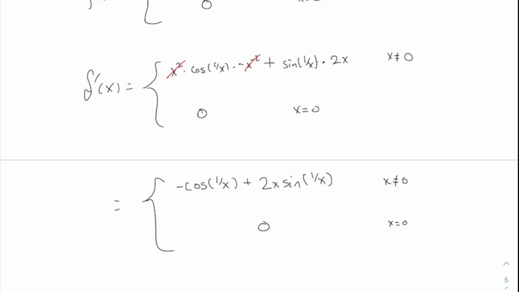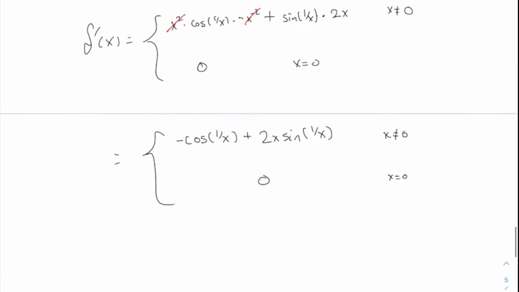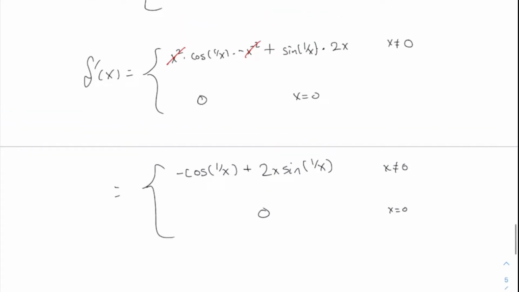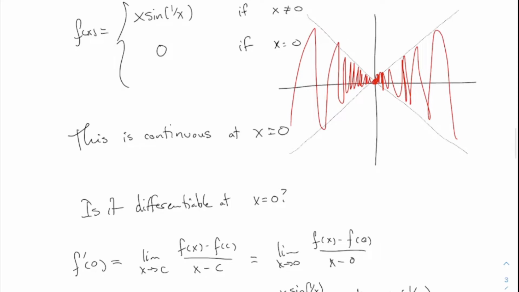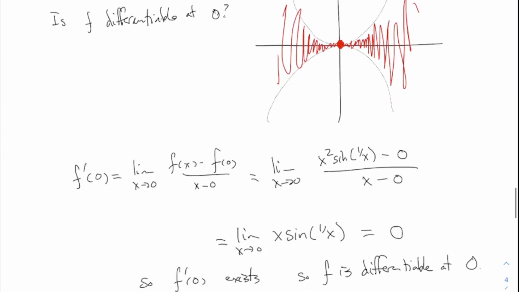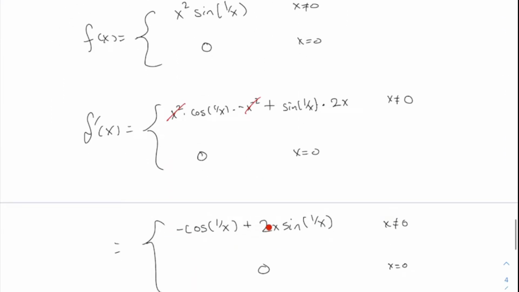And this function, you can draw the graph of this. It basically looks like this one again, x times sine of 1 over x. But it's 2x here, rather than just, it's that part with a 2 in front of it.